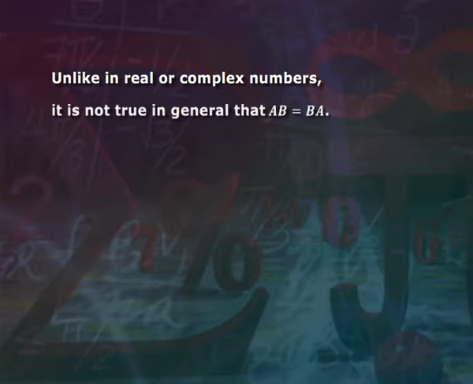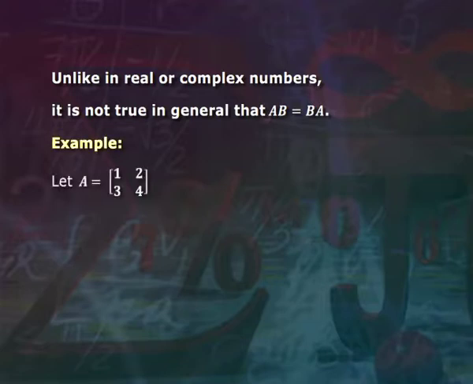Unlike in real or complex numbers, it is not true in general that AB is equal to BA. For example, let A be the matrix [1, 2; 3, 4] and B equal to [5, 6; 7, 8].